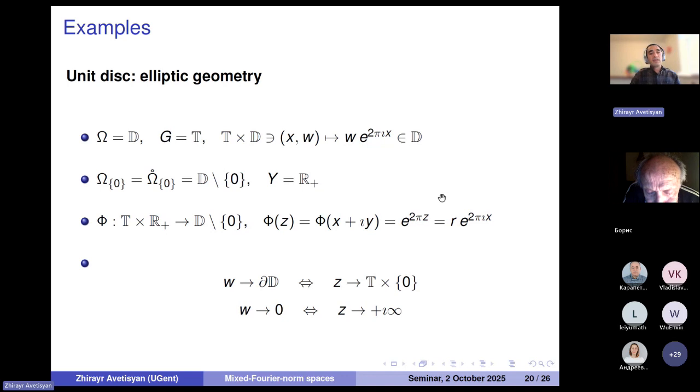Now from this vantage point, you can already see why the origin is not naturally in the domain. Because if you look at the orbits of this rotation, all orbits are circles except the origin. The circles have dimension 1.